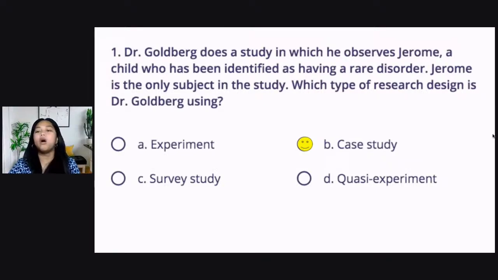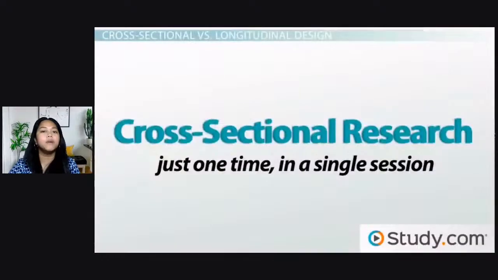Now, generally, all types of research may be classified as cross-sectional research. This is research done just one time in a single session. Unang-una, we are going to compare and contrast cross-sectional versus longitudinal design. Cross-sectional research is done just one time in a single session.